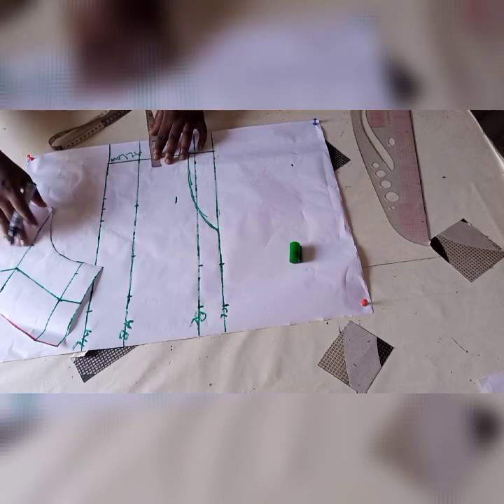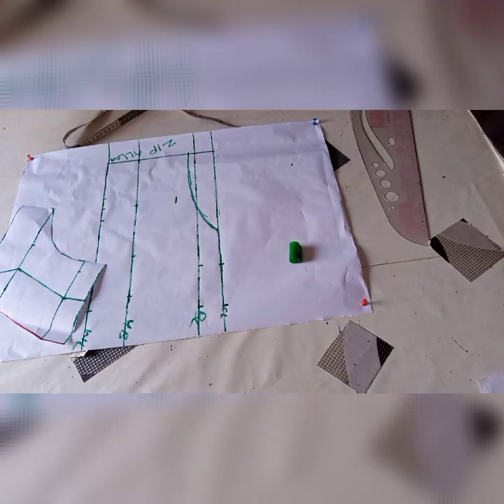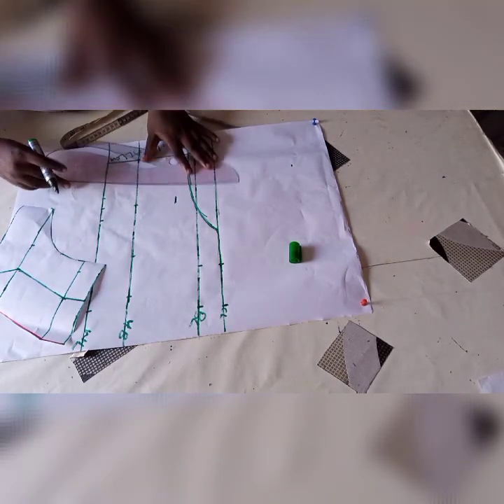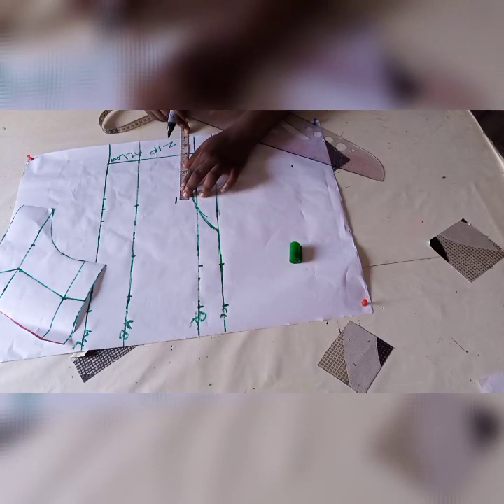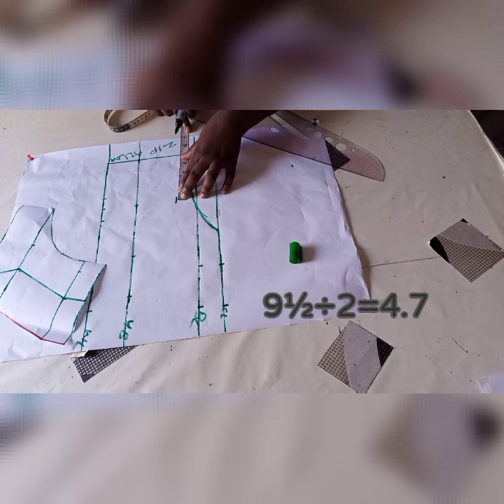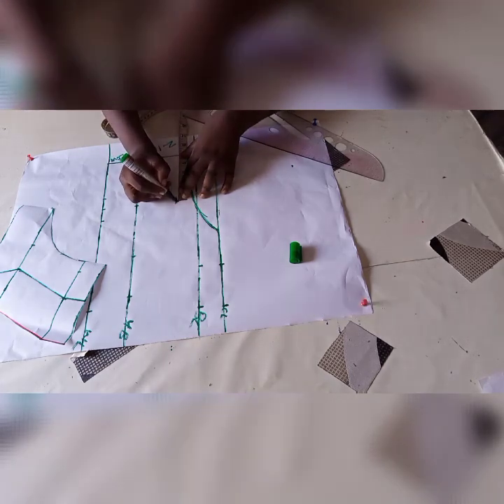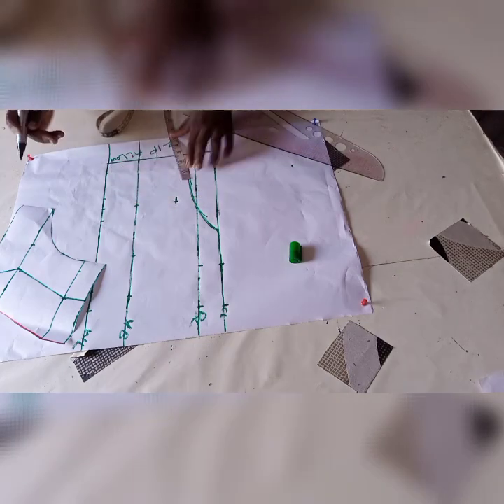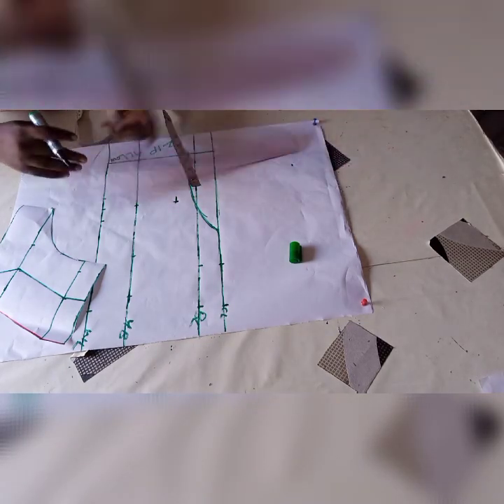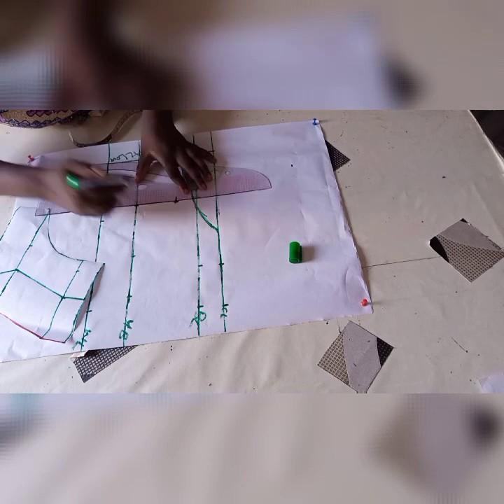So from there, that's where I'm going to. So here I'll come here, I'll measure my 9.5. So this is the 9.5. At this point, I'll make it a straight line.